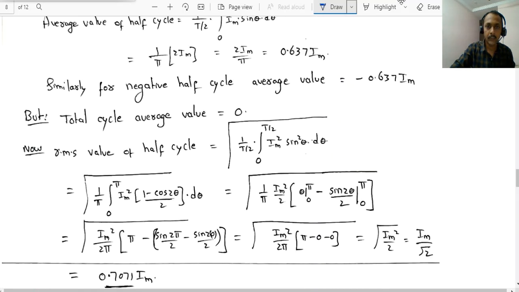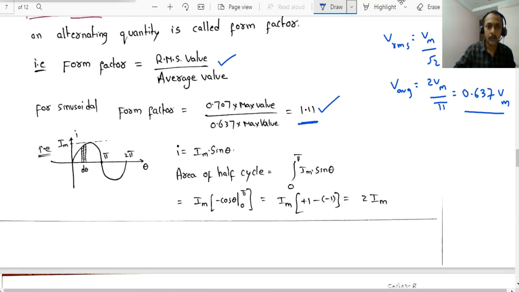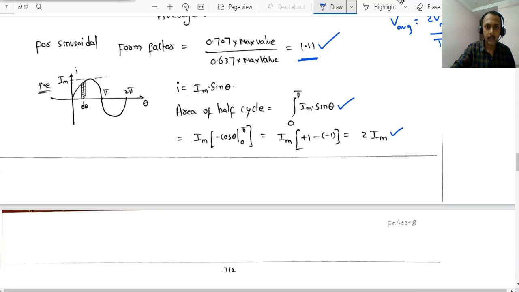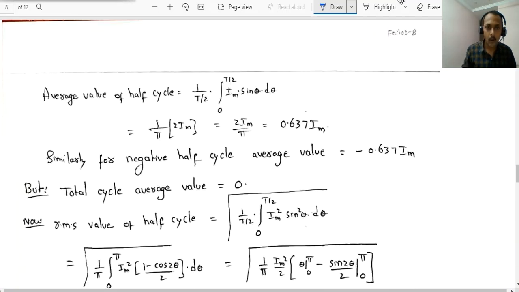Again we have done the derivation here. Just we have to make you understand how we got this 0.637 for a half cycle, within the limits 0 to pi, Im sin theta. The integral of sin theta is minus cos theta within the limits 0 to pi, right? 2 times Im, that is the area of the half cycle. That is just area only. Now to get the average value, 1 by T times the integral over half the period.